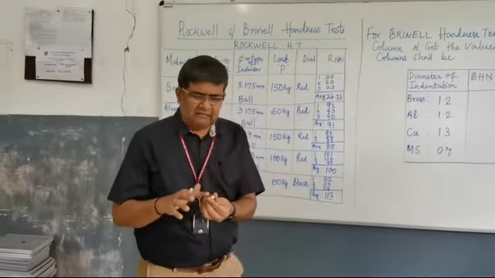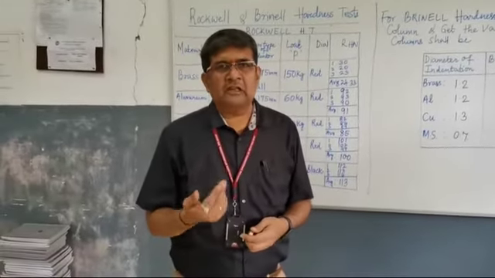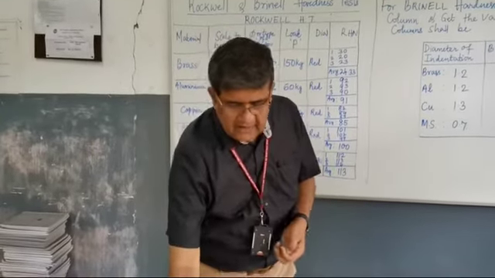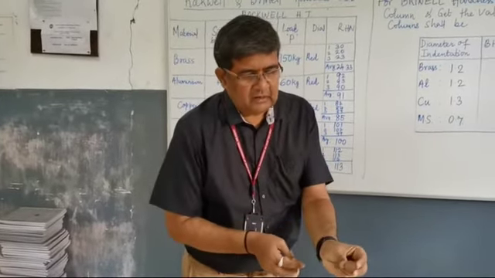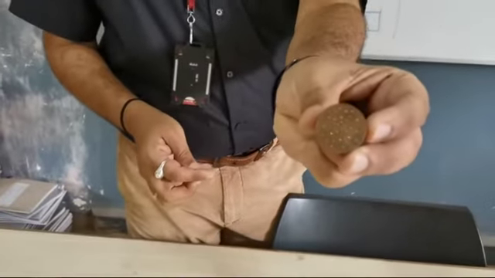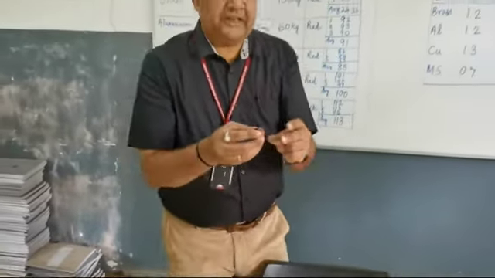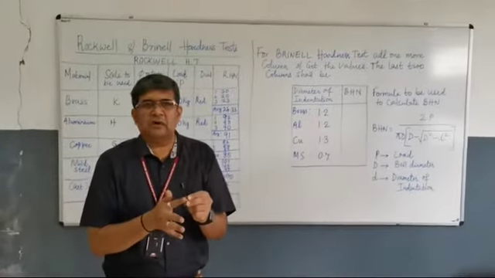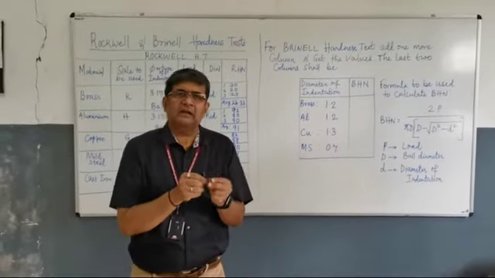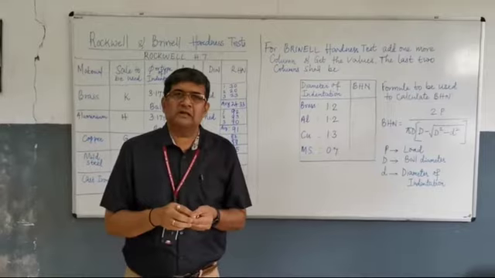The reason is that the surface may not be homogeneous. After conducting the experiment a large number of times, you will see there are so many indentations here, so this won't serve the purpose. So what we generally do is take it to a lathe, do the facing operation and remove a very thin layer to create a fresh surface, and then we can conduct the experiments again.